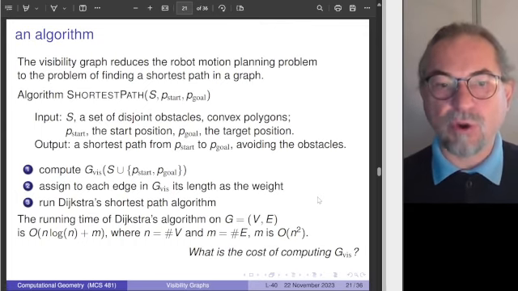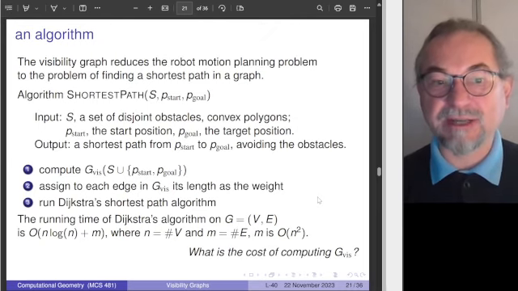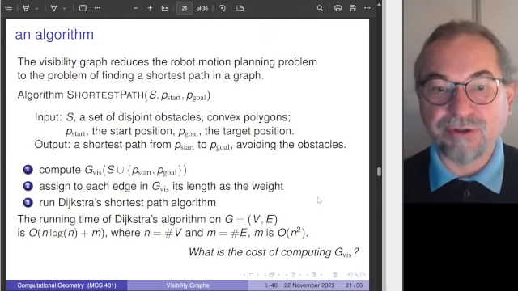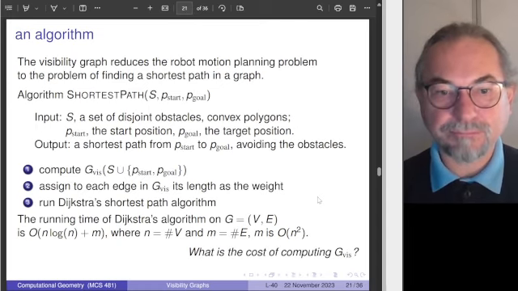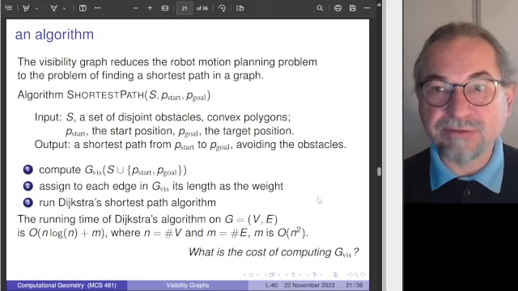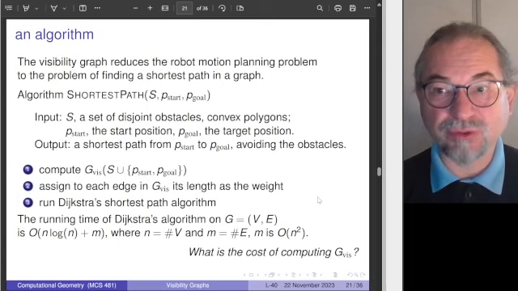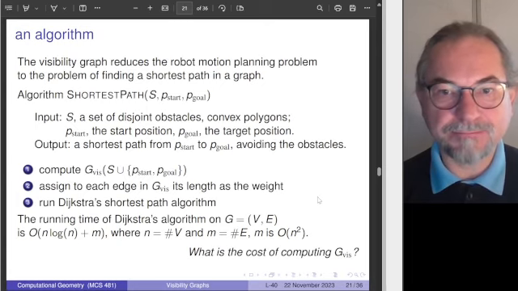What you actually hope in practice is that the number of edges is linear in the number of vertices, or is at most n log n. Okay, so we're still not done here. When we are after efficient algorithms, the computing cost of this visibility graph is now our main problem. And we actually hope that this is also n log n.